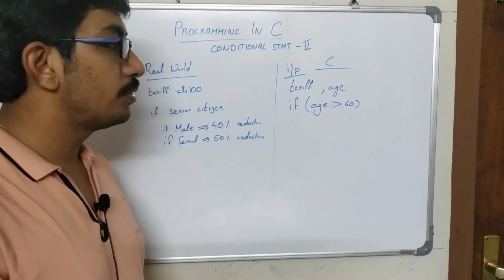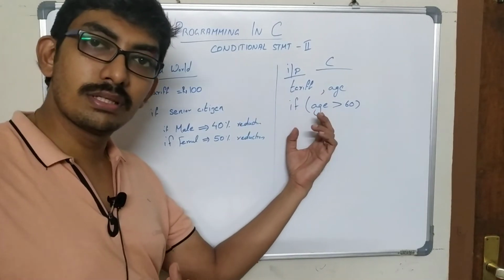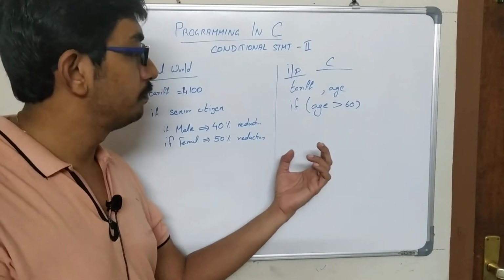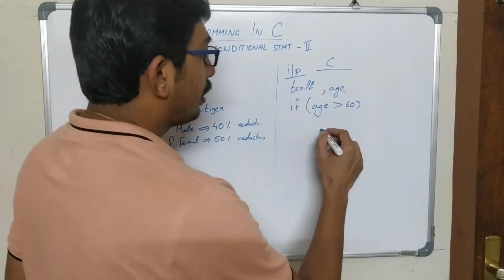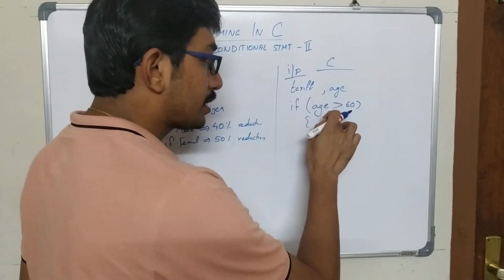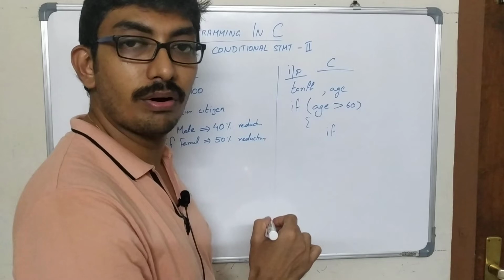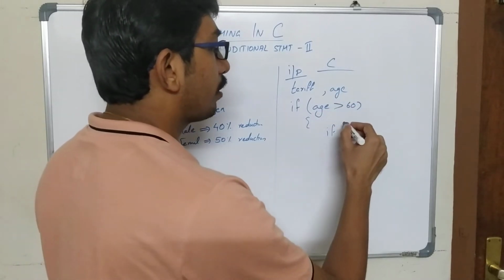Okay. Now, can you directly reduce the tariff? No, you have to know whether it is a male or a female. Okay. So, again you have to check, if age is greater than 60, you have to check whether he is a male or not, or the customer is a male or not.